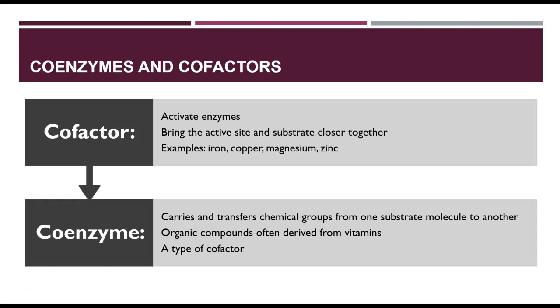Coenzymes are a type of cofactor, and they carry and transfer chemical groups from one substrate molecule to another. These are often organic compounds that are derived from vitamins. And they can work in conjunction with a metallic cofactor.